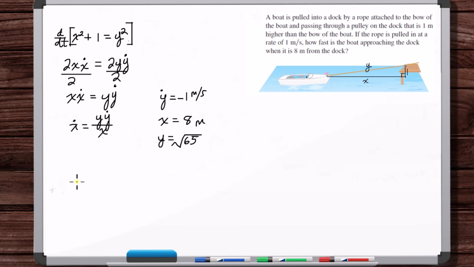Okay, so let's just plug this in. So we've got root 65, negative 1, 8.